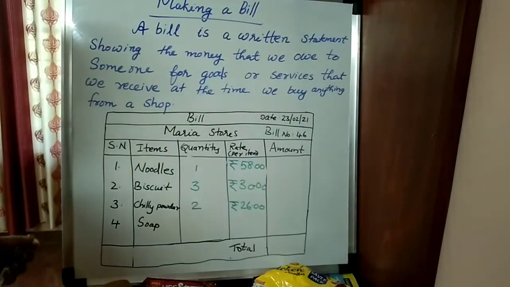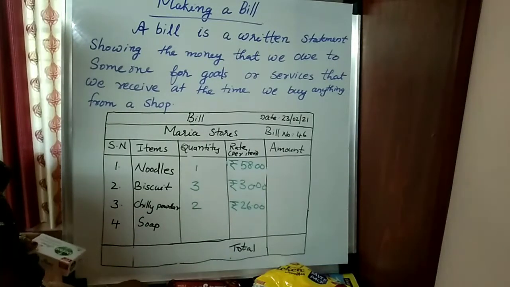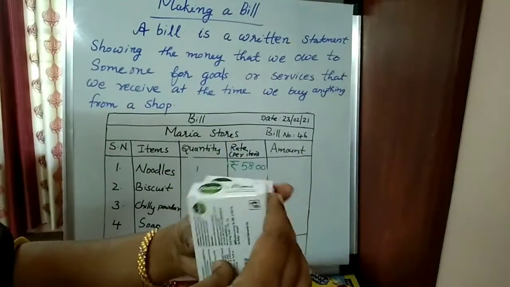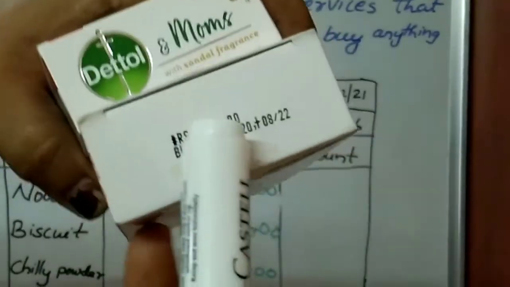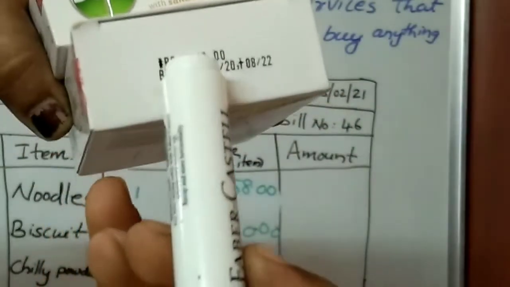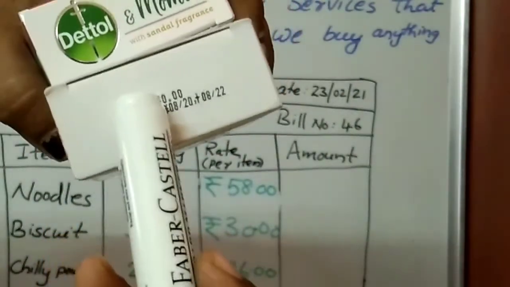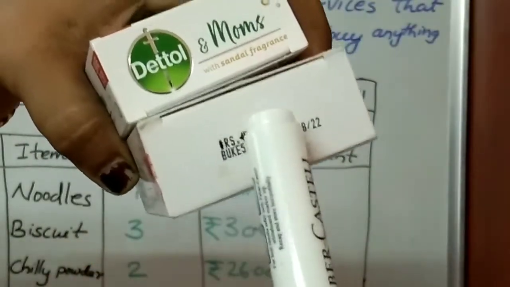Then I have purchased 2 soaps, 2 Dettol soaps. Then the cost of one soap. Here is RS 40.00.